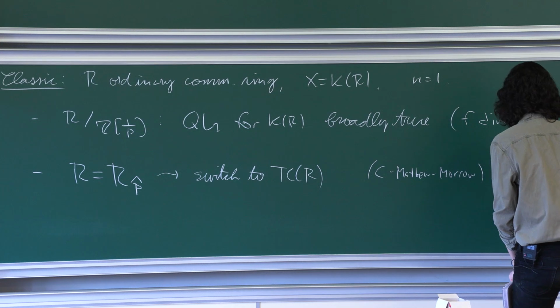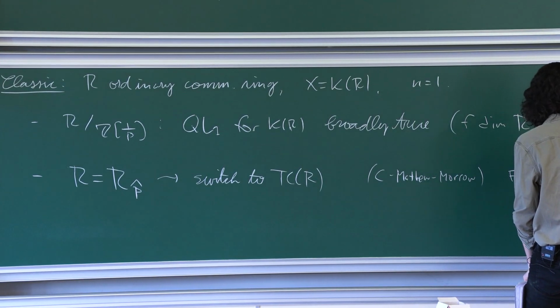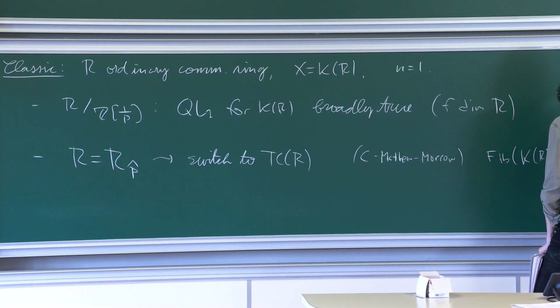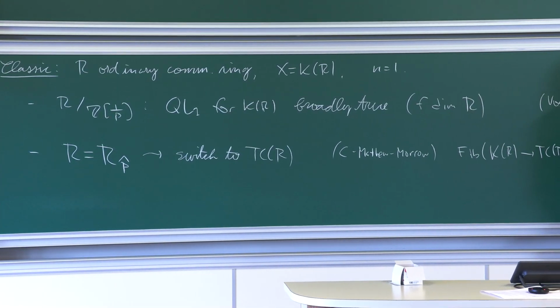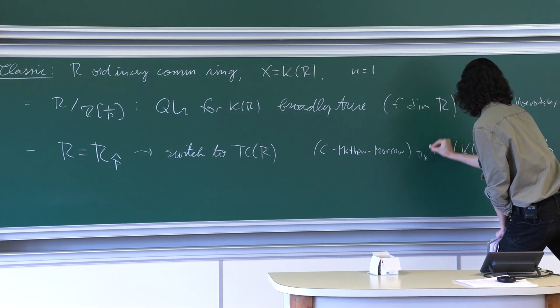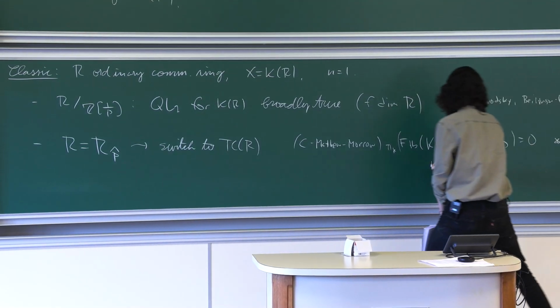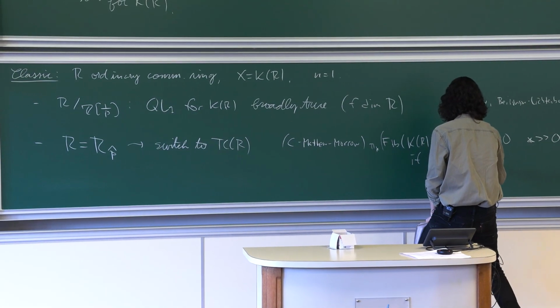So the fiber of, for such R, is truncated. So the homotopy groups of this equals 0 for star large enough if R is finite dimensional.